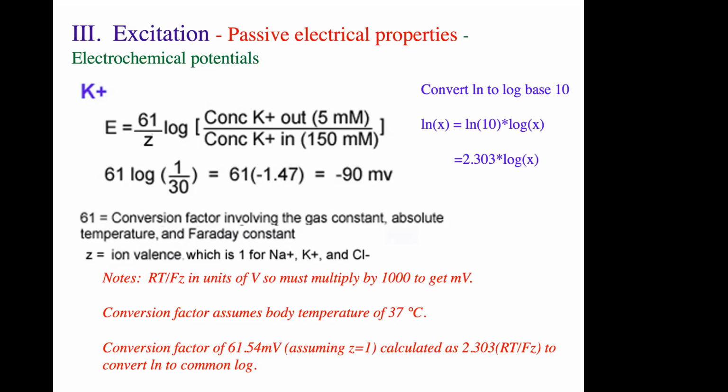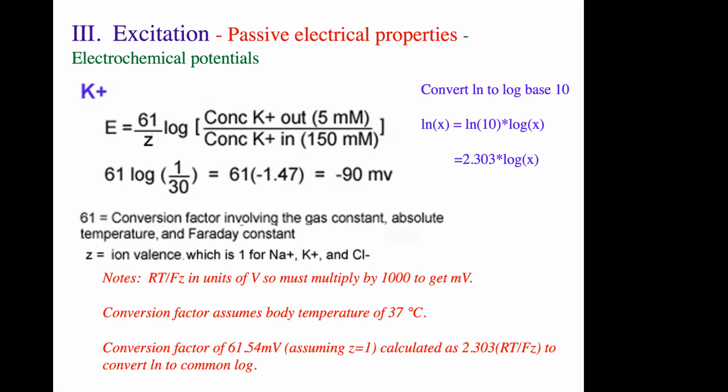There is one other little change you have to make to the equation though. So you'll note that that's what they have done in this example. So E sub K is equal to 61 over Z. Z's always going to be equal to 1, so we get rid of that. But note that instead of the natural log, we've converted to log base 10 here.